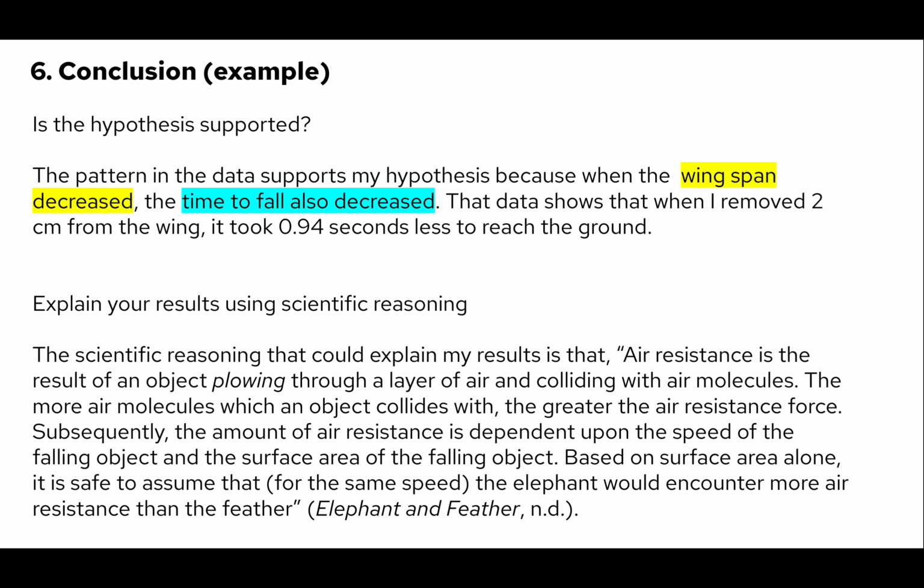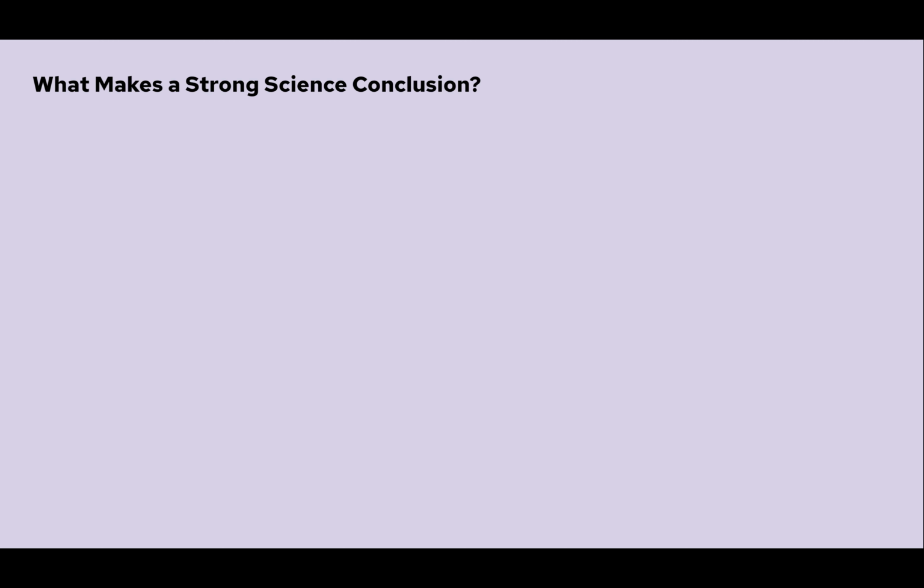Subsequently, the amount of air resistance is dependent upon the speed of the falling object and the surface area of the falling object. Based on surface area alone, it is safe to assume that for the same speed, the elephant would encounter more air resistance than the feather. And this came from an article on the internet, the name of it was Elephant and Feather, and the n.d. means there was no date given.